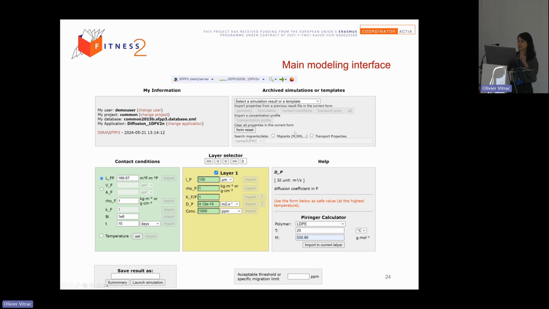Don't forget that this tool also hosts a big database about migrant and transport properties. So if you click here or here, you can find some interesting information.